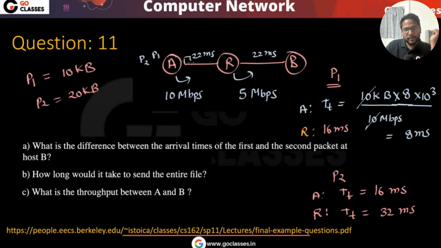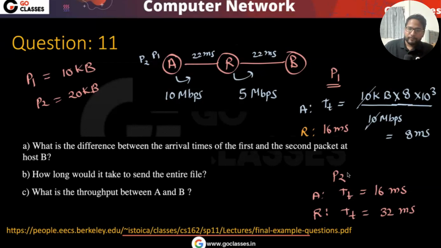I mean, P2 will be here and P1 is already on the link, right? So basically the delay is already 8 milliseconds. Now, what will be happening? It will get transmitted in 16 milliseconds. So maybe I can solve this question.